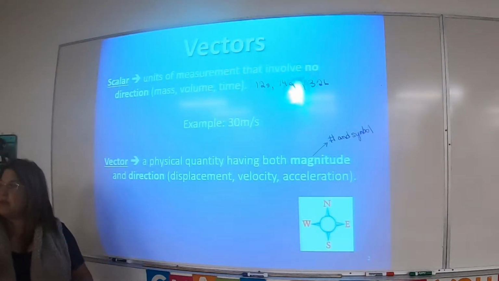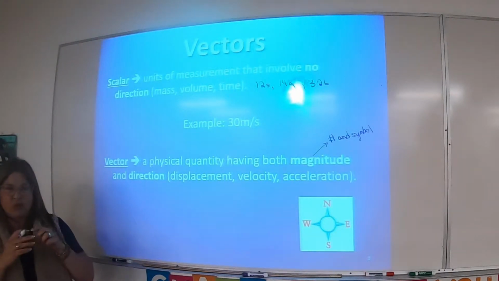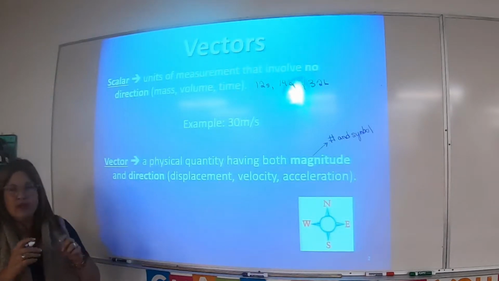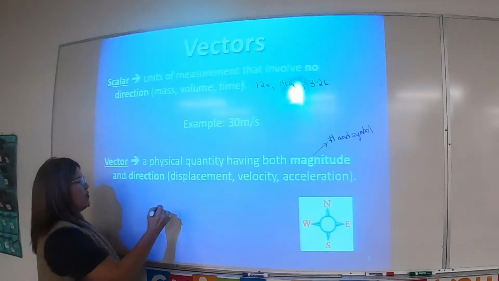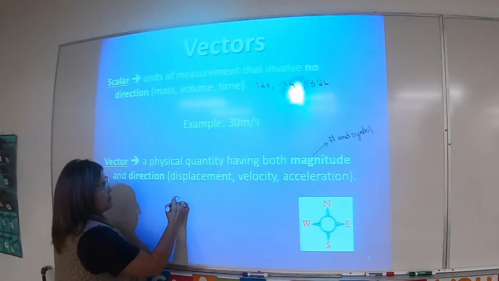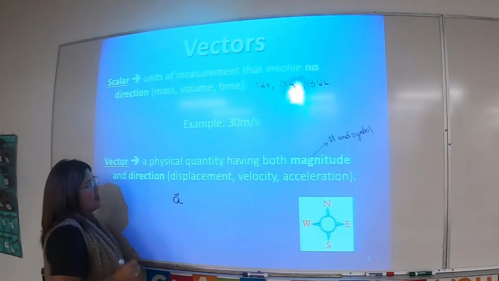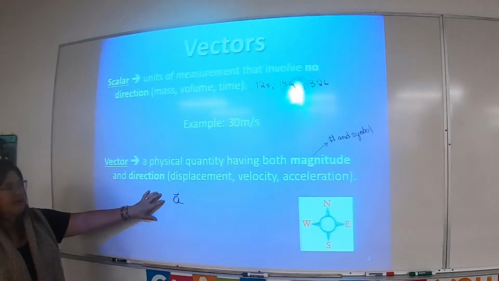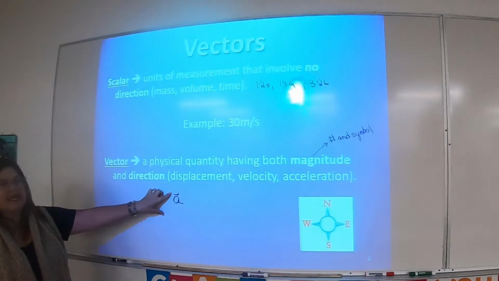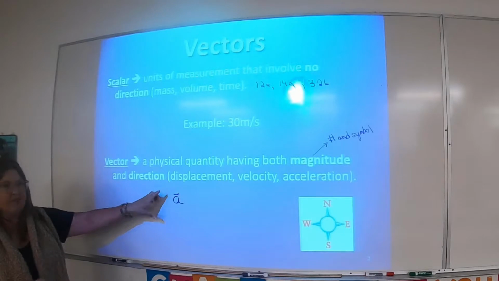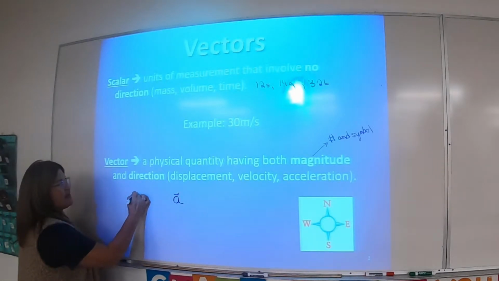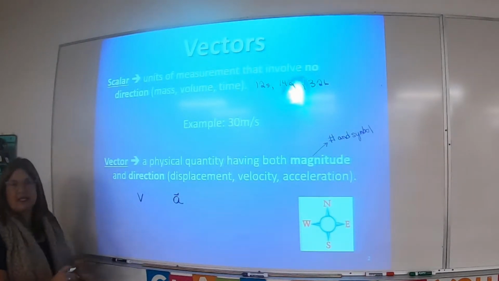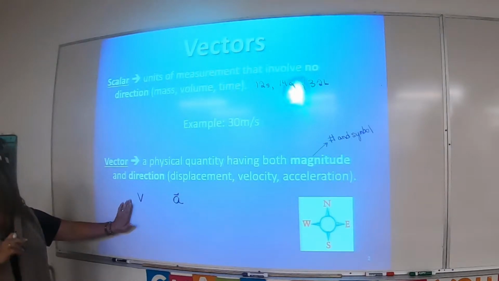When we look at vector quantities, in order to show that, we are going to put a little arrow over top of our symbol. That little half arrow tells me that acceleration is a vector quantity. I know velocity is a vector quantity. So v without the arrow is speed.